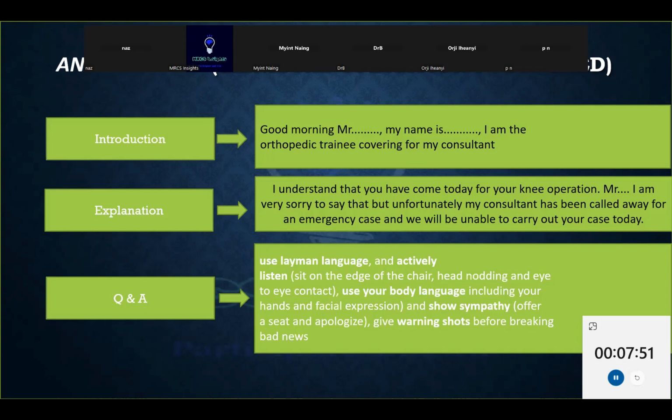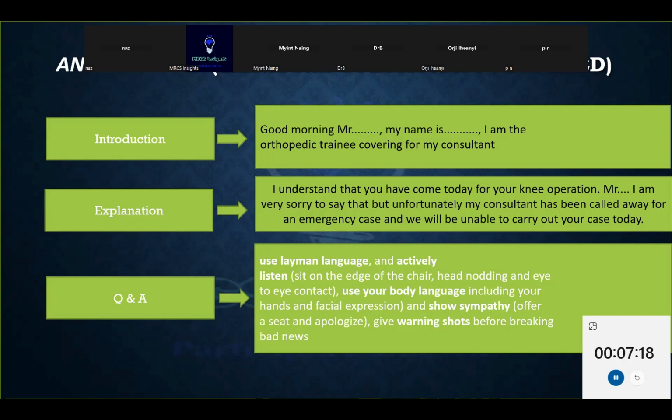But you have to understand that our consultant has been called away to attend an emergency case. So we have to prioritize that case, and I understand your frustration, but we are really sorry for that. What? What are you telling me? That it got cancelled again? Would you please call him right now? Call him right now.